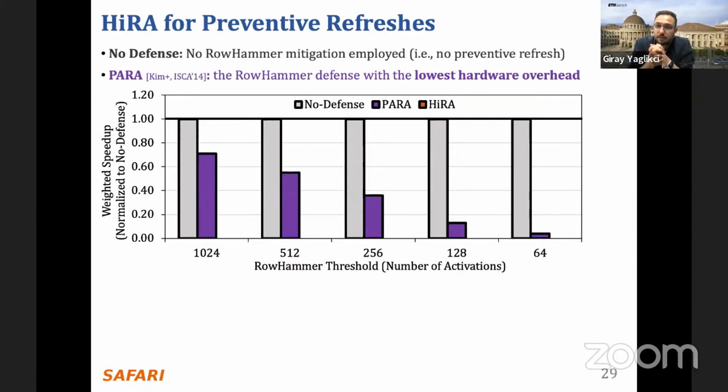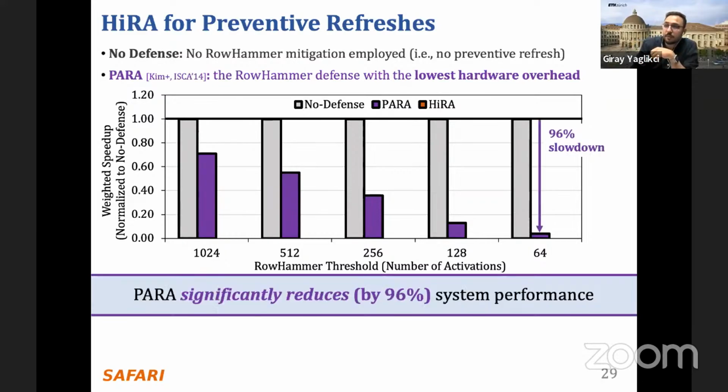We compare our benefits to PARA. We choose PARA for this study because it is the RowHammer defense with the lowest hardware overhead, which we find the best candidate for scaling down to the extreme RowHammer thresholds that we might see in future DRAM chips.